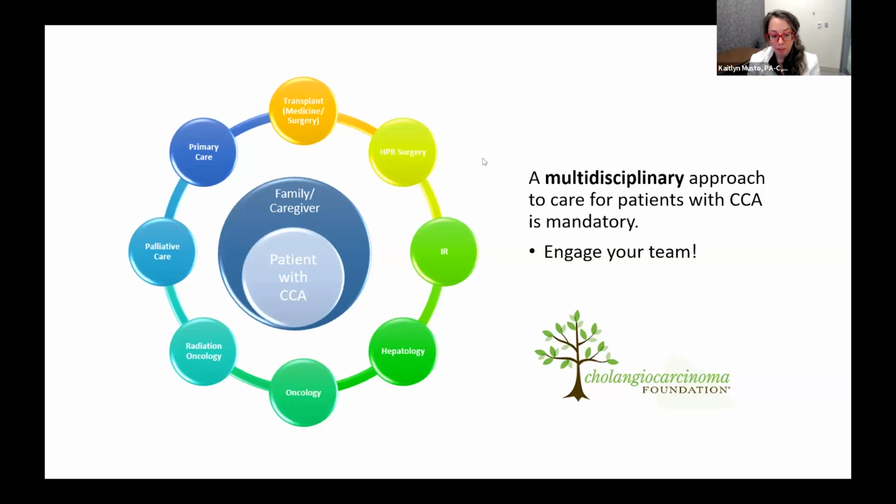Cholangiocarcinoma and gallbladder cancer are closely related, and sometimes there can be difficulty in determining, at least initially, where the cancer is coming from, whether it's the gallbladder or the bile ducts. So that can sometimes take a little bit of time to figure out. But any of these things have the ability to metastasize to different areas.